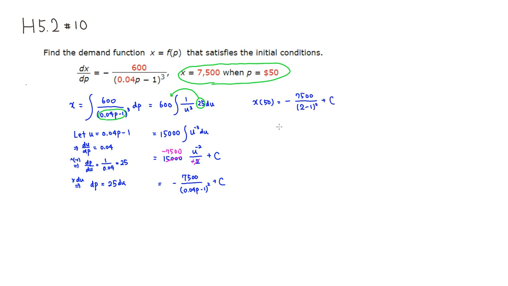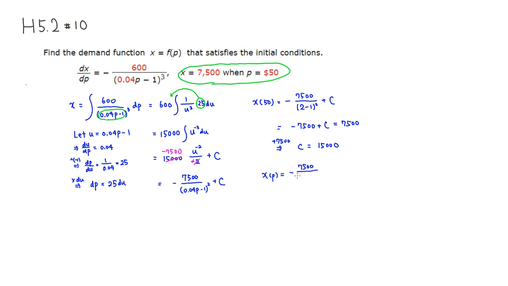This is just negative 7,500 plus c, which is equal to 7,500. So we can just add 7,500, and we get c is equal to 15,000.